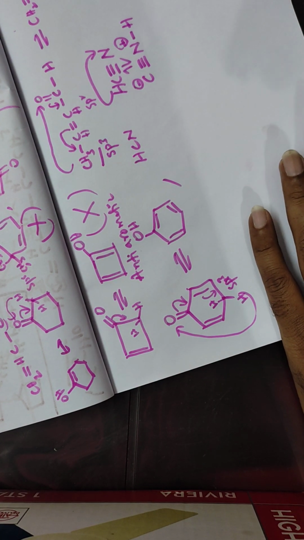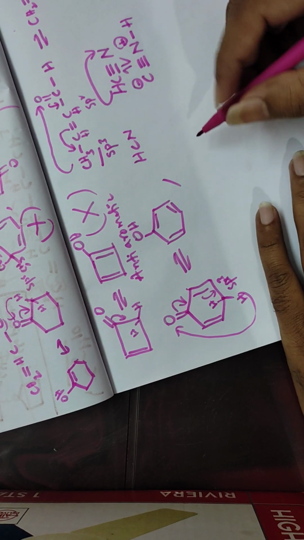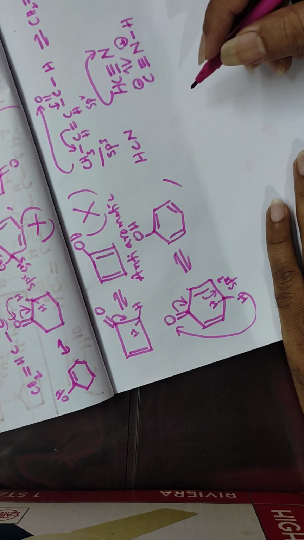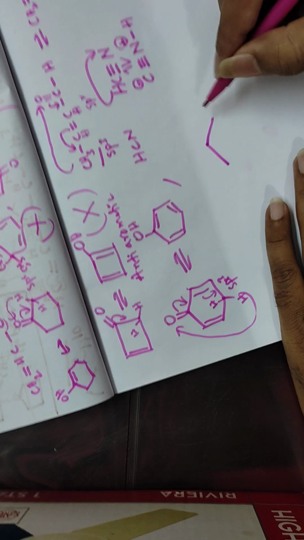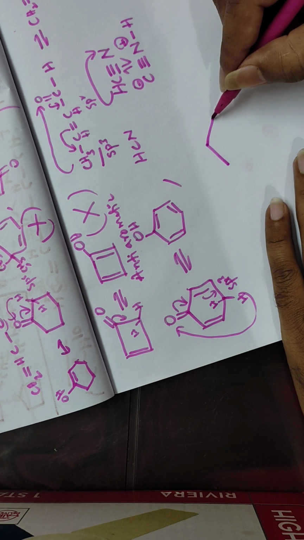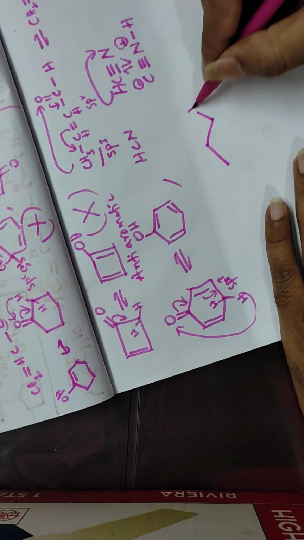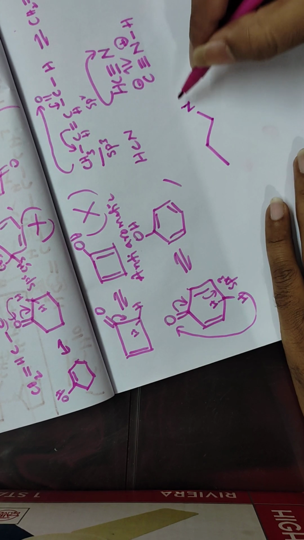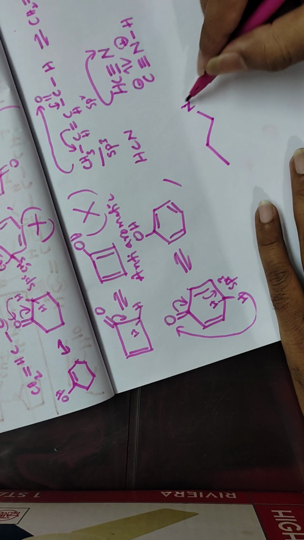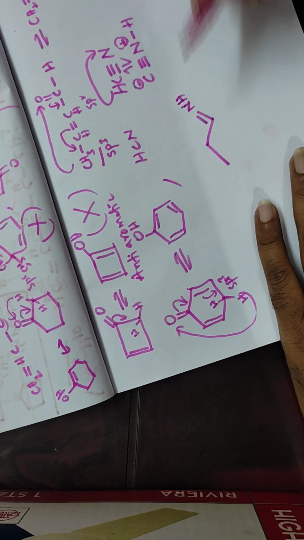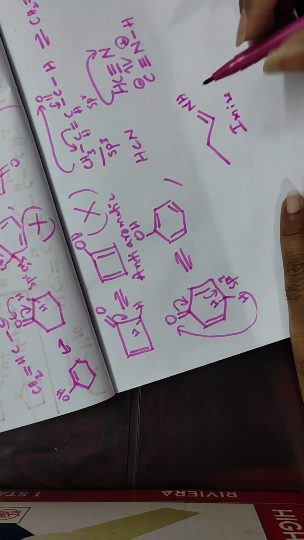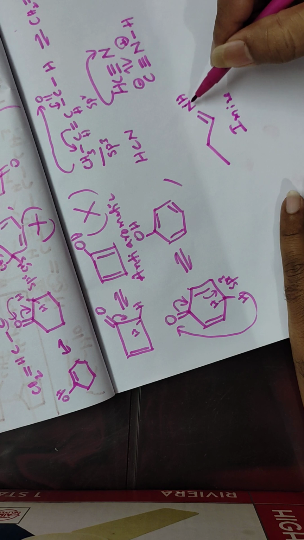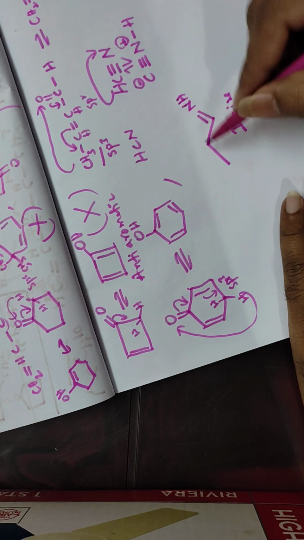Another two examples are there. Another example is imine and enamine. You see this structure. This is the imine structure. Here, this is the functional group. This is the alpha carbon.